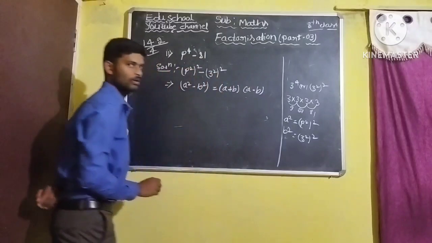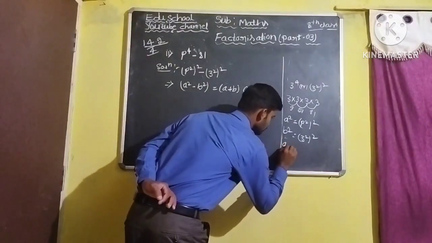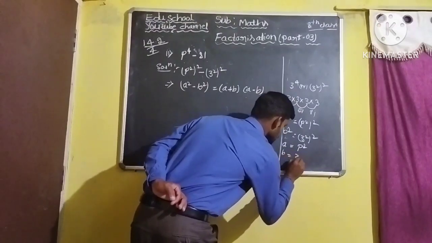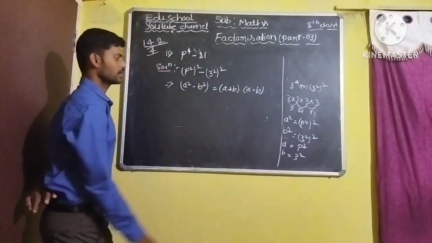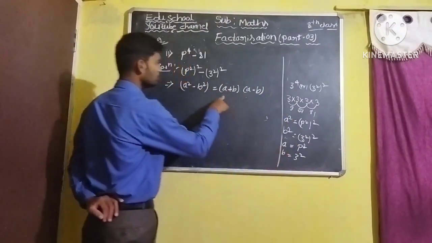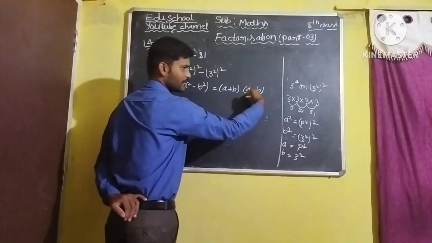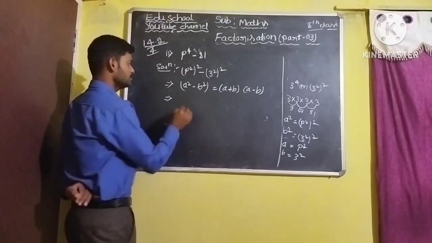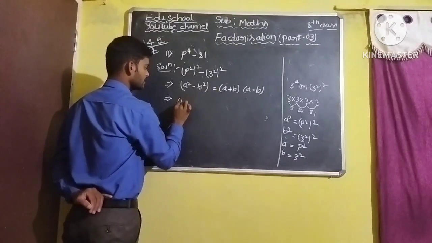So A value becomes P square and B value becomes 3 square. We can apply the A and B values in the A plus B and A minus B places.